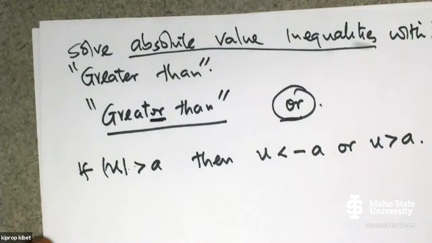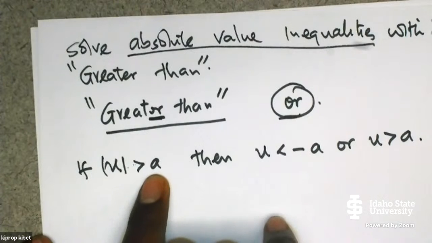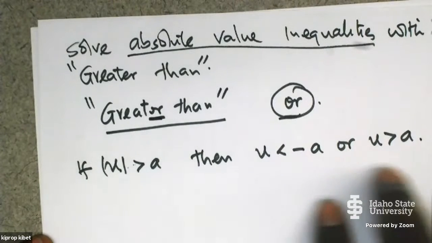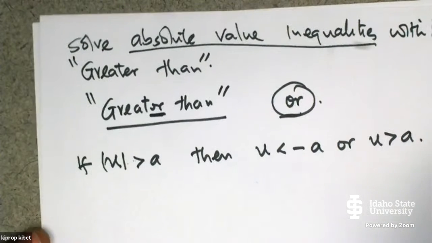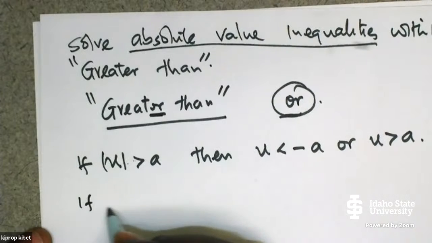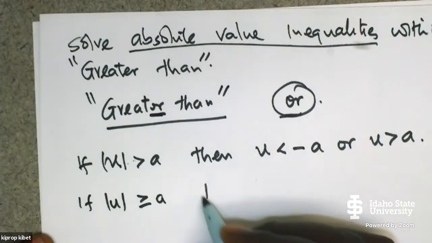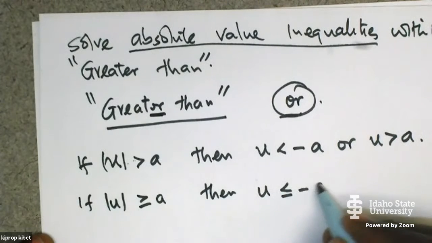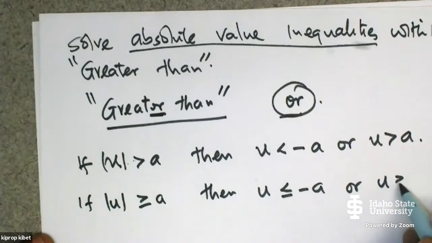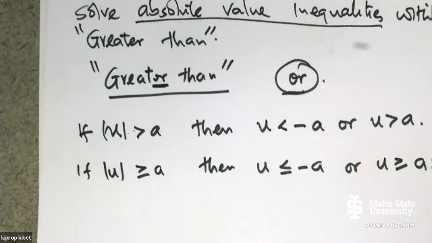So you still change the sign. So if it is u greater than a, to change to the other sign, you reverse the inequality. If u is greater than or equal to a, then u is less than or equal to minus a or u is greater than or equal to a.